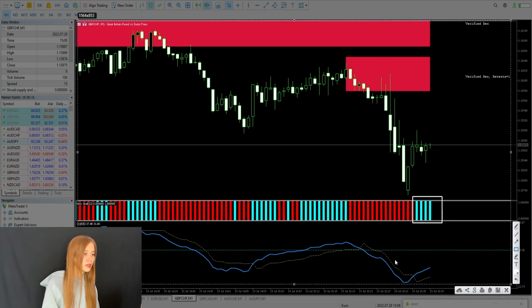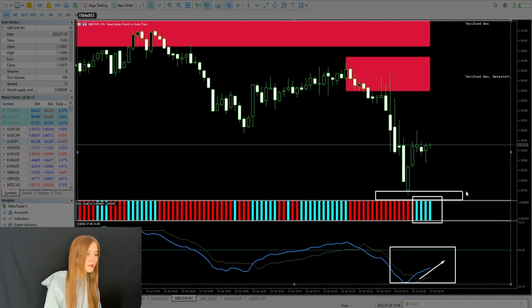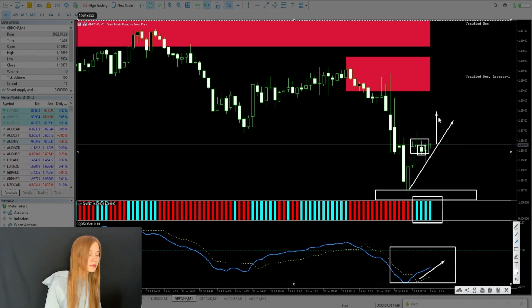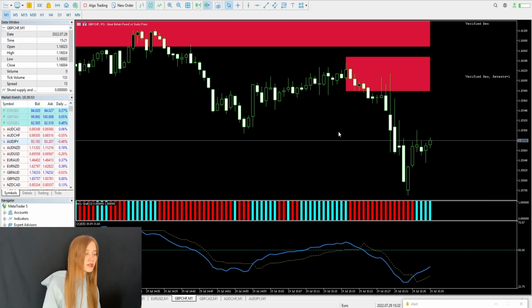Blue indicator, holy grail, reversal, moments go up, small rollback down. After this, I think the movement should go up. It should still go higher in any way. The deal is closed in plus.